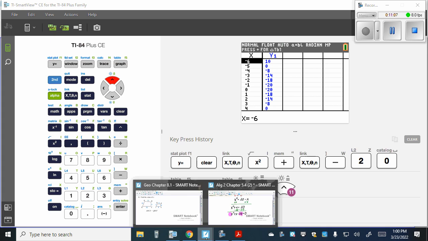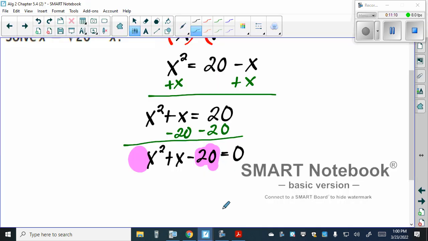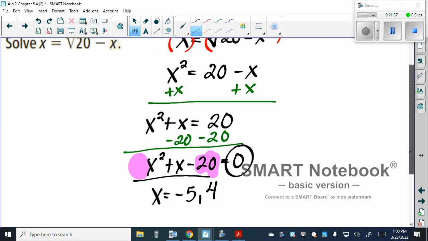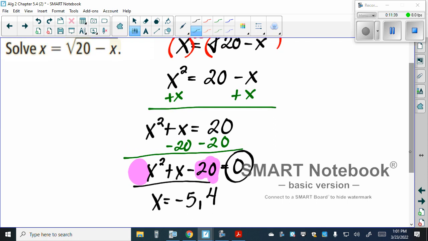So what that tells us for this quadratic is that x is equal to -5, 4. Those are the two values of x that will make this function equal 0, because when x is -5 or 4, the value of y corresponding to it is 0. We're trying to see what value of x will make this function be 0. So we found 2. Now all we need to do is plug it back in and check to make sure that they both work.